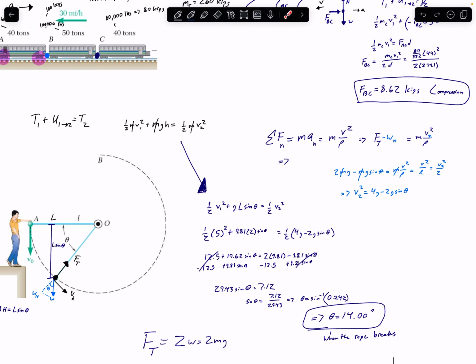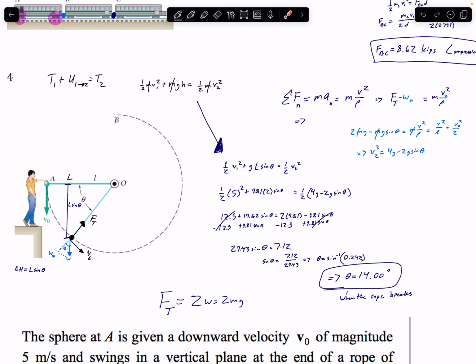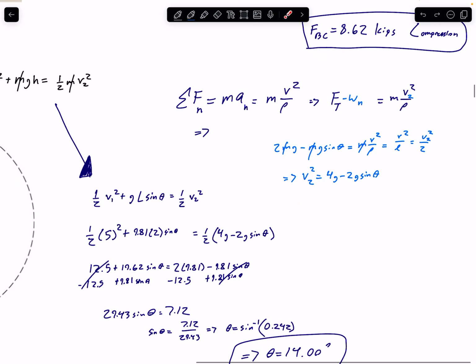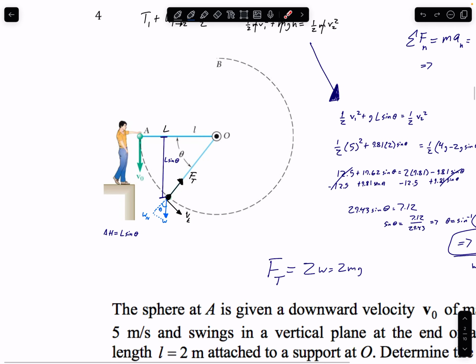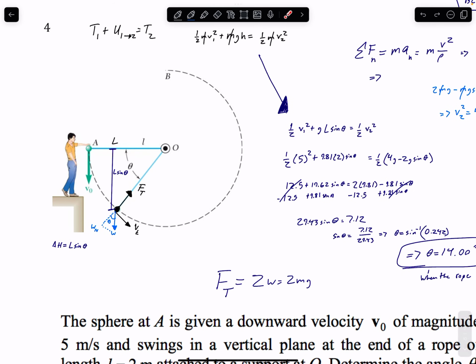Looking at our diagram here, this is our normal, that's our tangential. We know that everything in the normal direction is v squared over the radius of curvature, and we know that the radius of curvature is equal to L as well. So we're able to sum up the forces in the normal direction of the plane, which is the force of tension and the weight normal, which is just the weight times cosine theta.